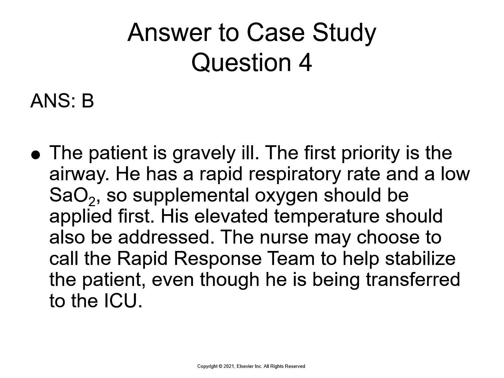That should be the first thing you do. You will also address the temperature, and if it's me, I'd call the rapid response team to help them get to the ICU. Even though he's being transferred there, he still needs to be stabilized. He is very, very, very ill.